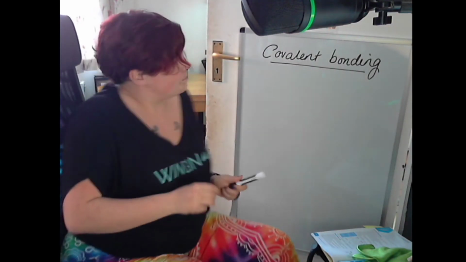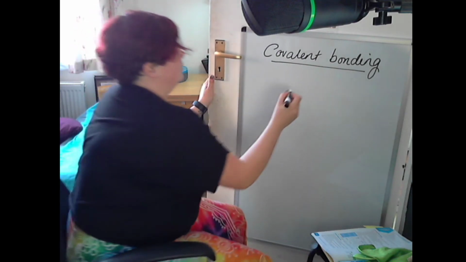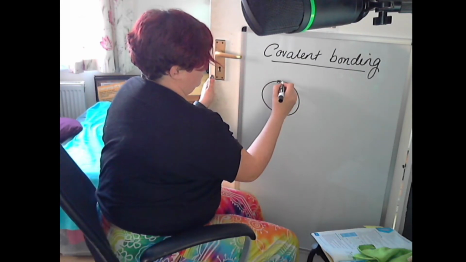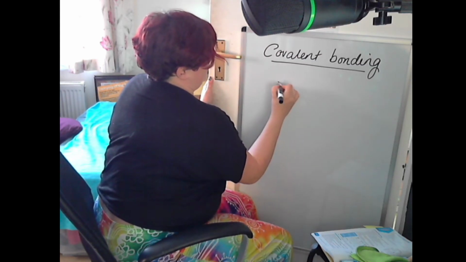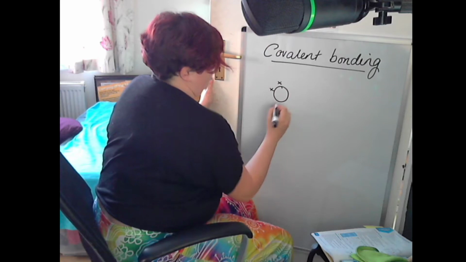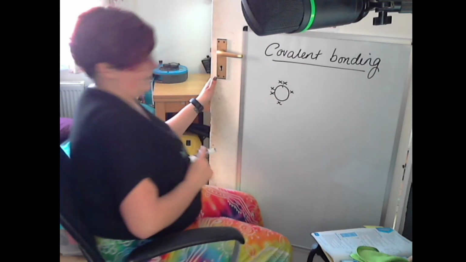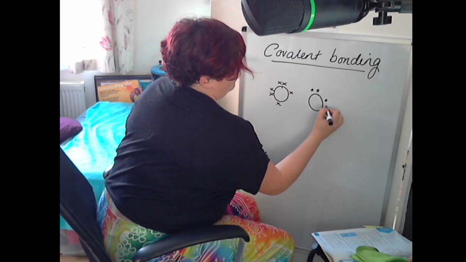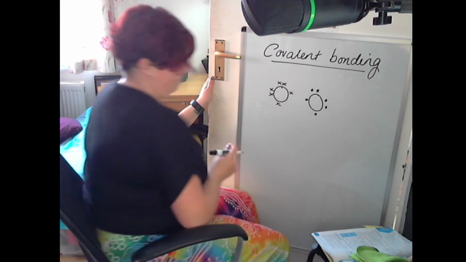Now, looking at double covalent bonds, the best example of this is oxygen. Oxygen is in group 6, so 1, 2, 3, 4, 5, and 6. If we've got another one over here, 1, 2, 3, 4, 5, and 6.